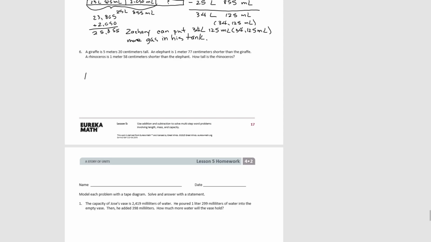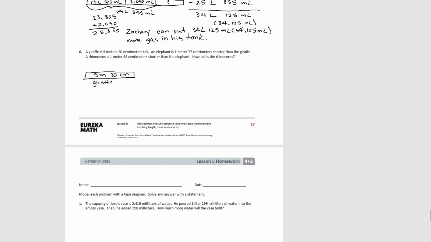All right, we know a giraffe is 5 meters, 20 centimeters tall. And we know that an elephant is 1 meter, 77 centimeters shorter than the giraffe.